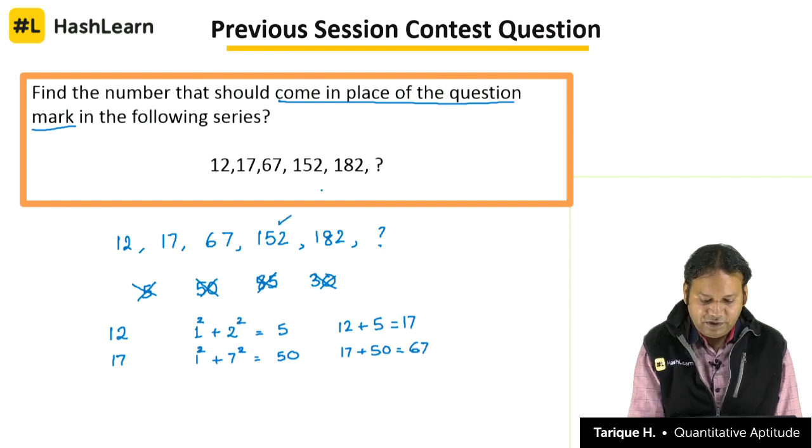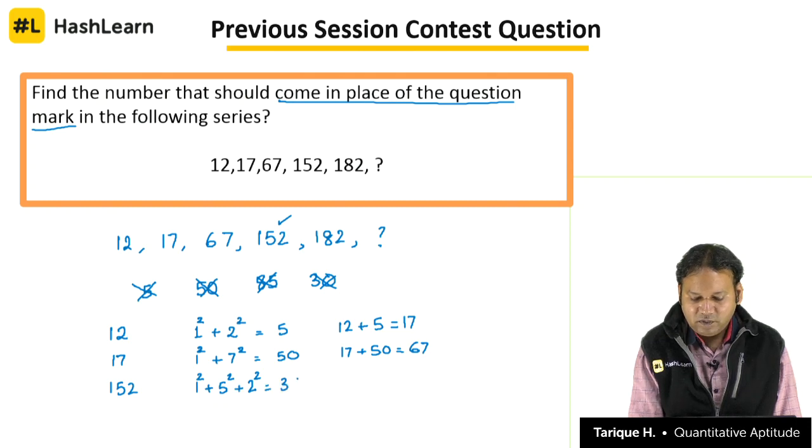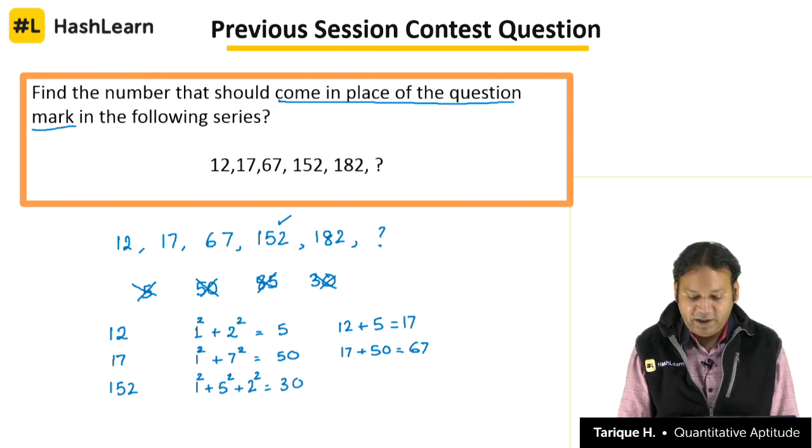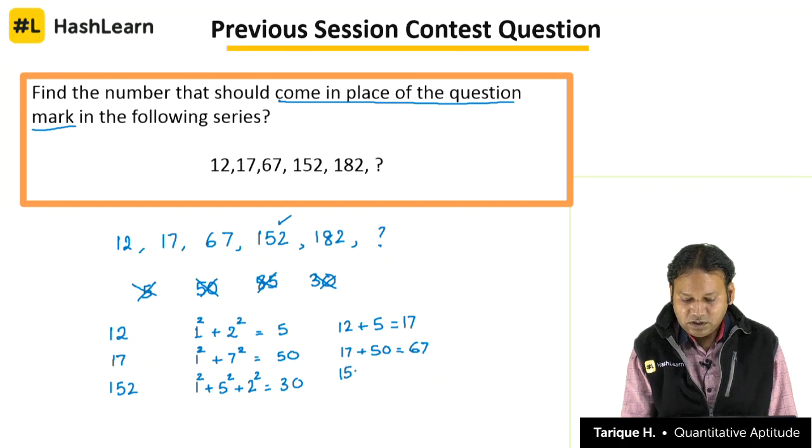Try with 152. You see 152 has 3 digits here, 1, 5 and 2. So take the square of these numbers. That will be equal to 30. 1 plus 25 plus 4, that's 30, and 152 plus 30 is equal to 182.